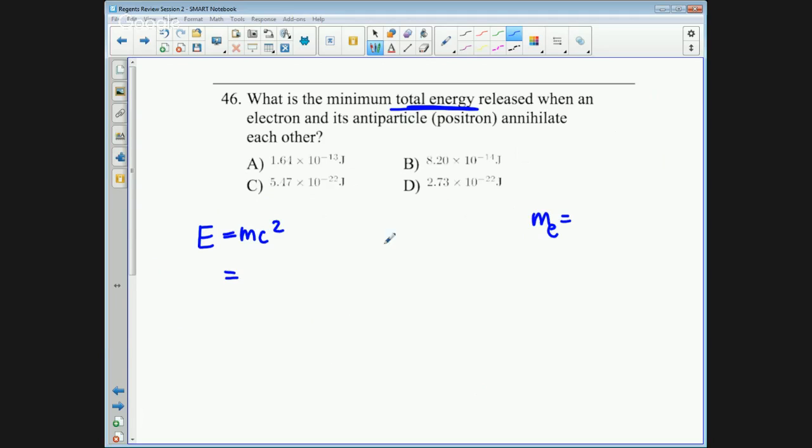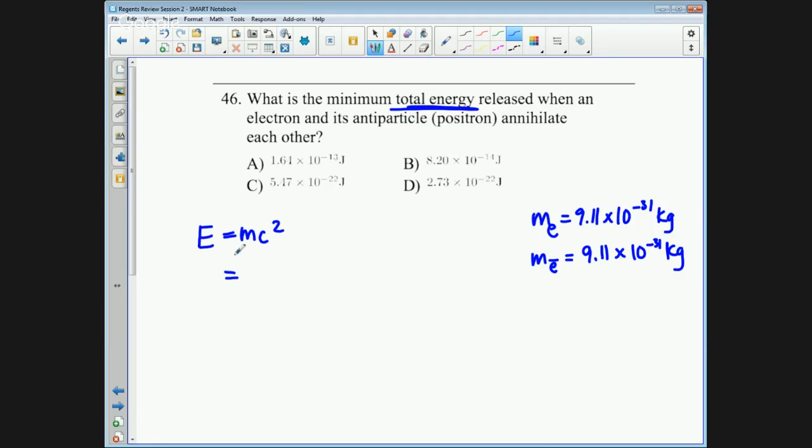Mass of the electron is 9.11 times 10 to the negative 31 kilograms. Okay, and the mass of the anti-electron is also 9.11 times 10 to the negative 31 kilograms. Antiparticles have the same mass as their counterpart particles.